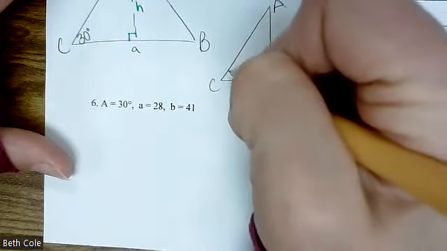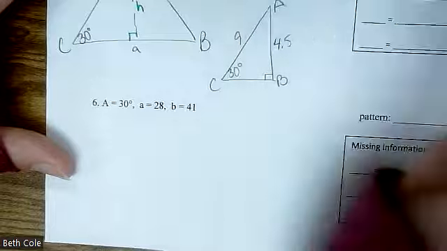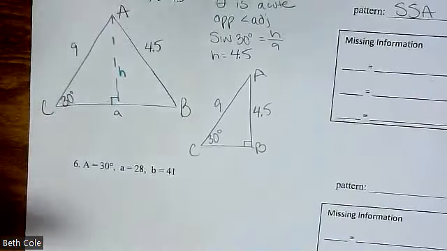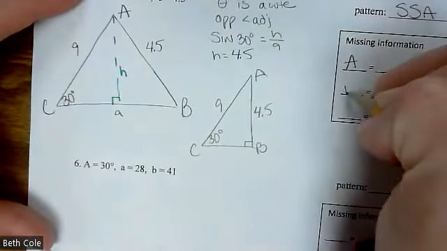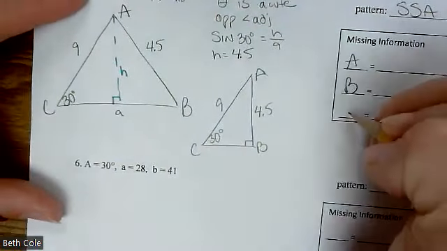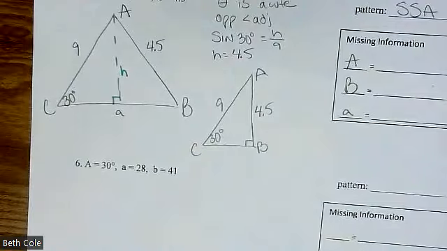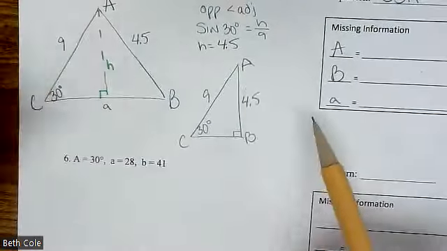But I would redraw it so that it actually looks like a right triangle, because it'll mess me up if it doesn't. So then we're going to put what we're missing. We're missing angle A, angle B, and little a. And this will go super quick and easy because it is a right triangle.